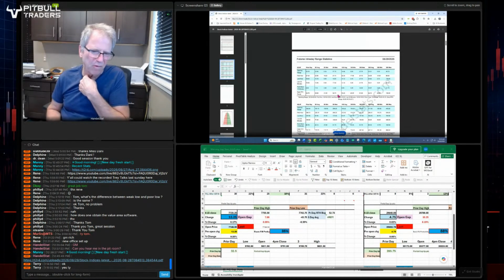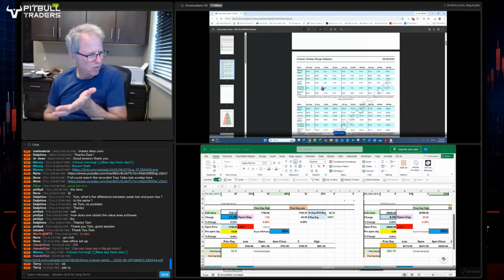It's only been 40. We're kind of right in there right now. So we're going around 40 per day. So that's pretty much what you can expect for a range, especially now that NVIDIA's earnings are over and whatnot. So you can see that the first 30 minutes has been like half the daily range.